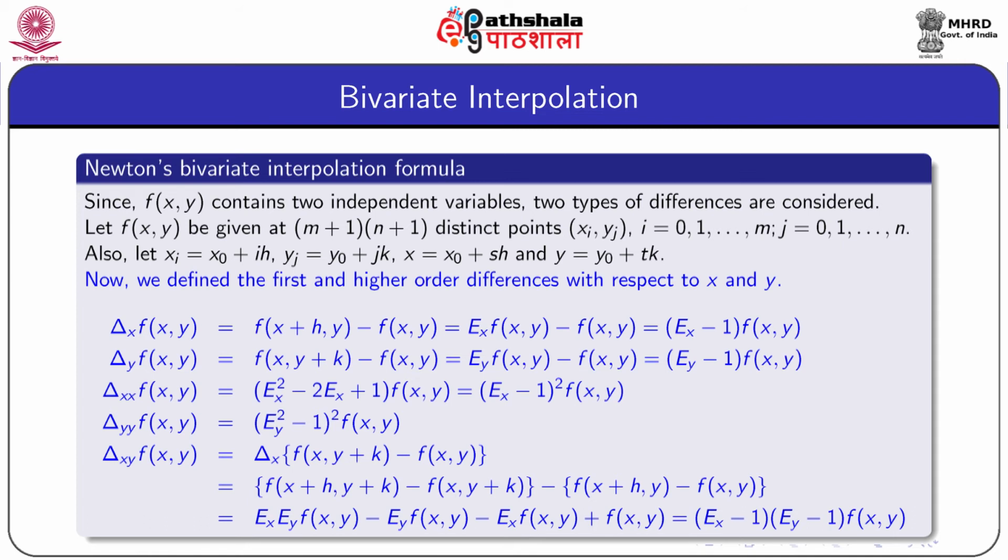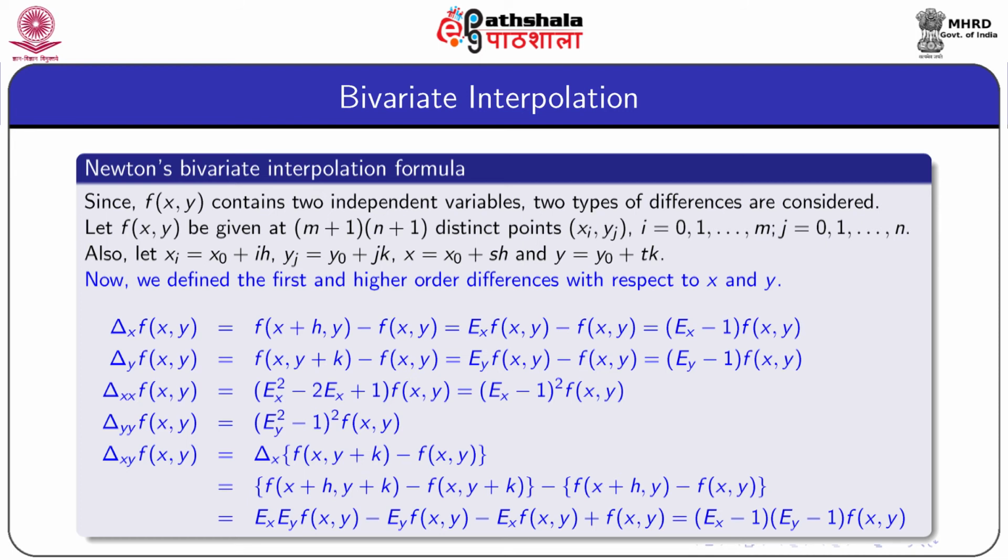And delta xx of f of x, y means the forward difference operator is applied on the argument x two times, and after simplification it can be shown that this operator is equivalent to Ex squared minus 2Ex plus 1 of f of x, y, and it is written as Ex minus 1 power 2 of f of x, y.